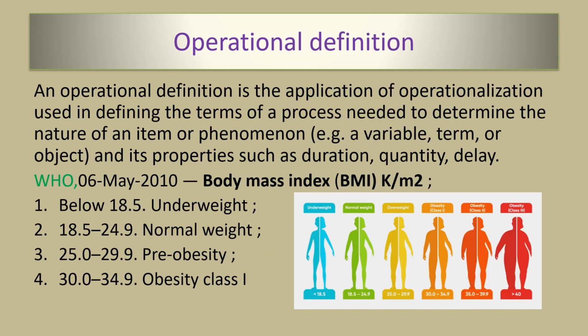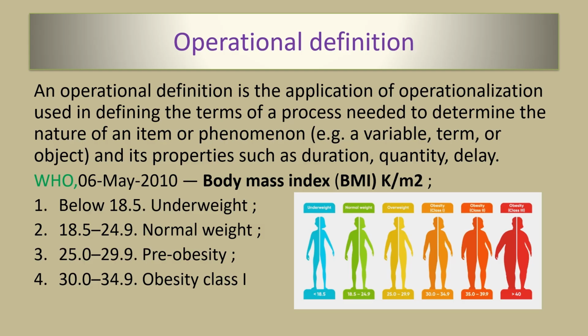Operational definition. An operational definition is the application of the operationalization used in defining the terms of the process needed to determine the nature of the item or phenomena, a variable term or objective and its properties such as duration, quantity, or delay.